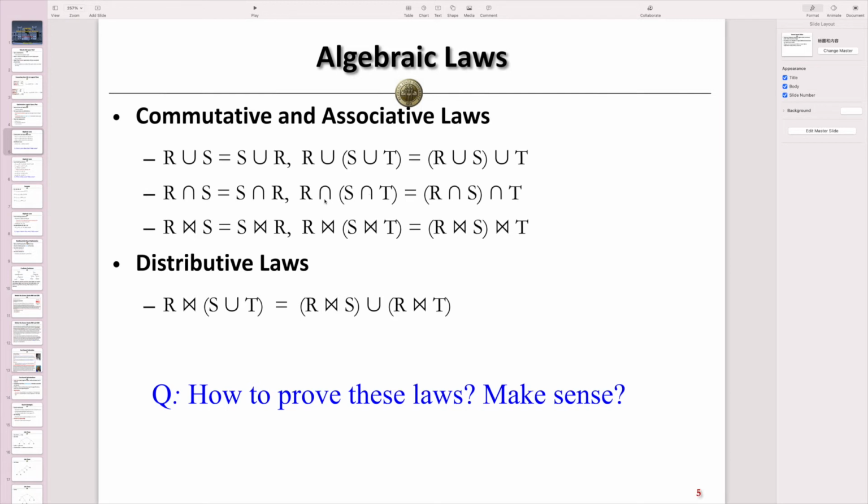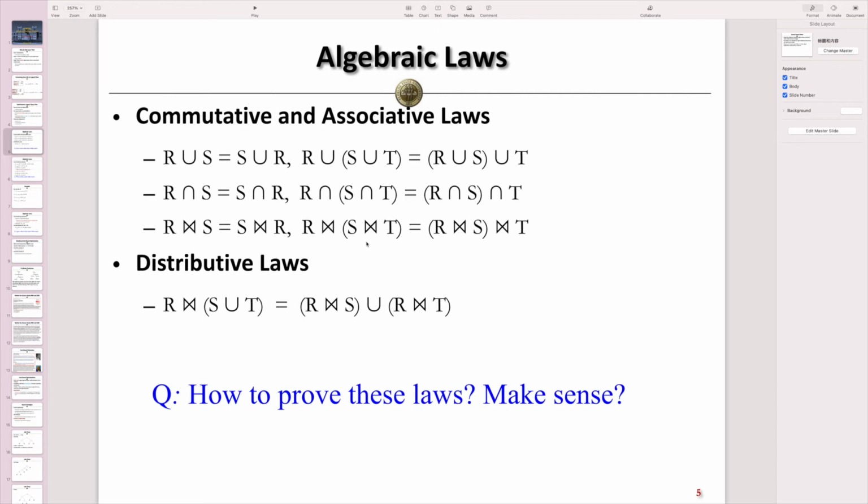If we compute R intersection S intersection T, the result will equal R intersection S and then the intersection with T. And if we apply the rules to the join operator, the result will be the same as well, as shown in this page. So this denotes the commutative as well as associative laws applied to these operators, union, intersection, as well as joins, on the relations.